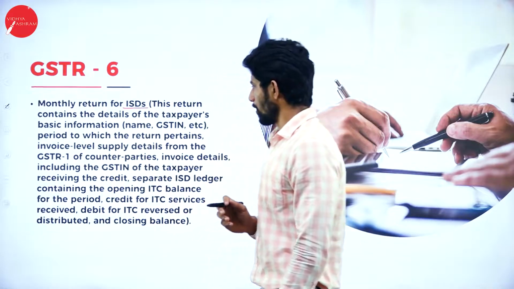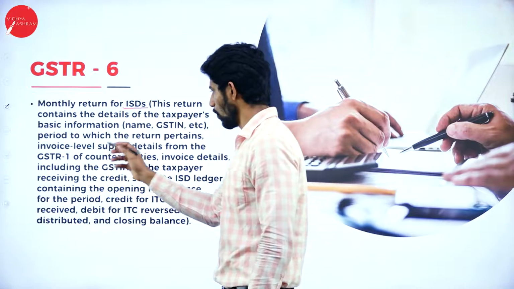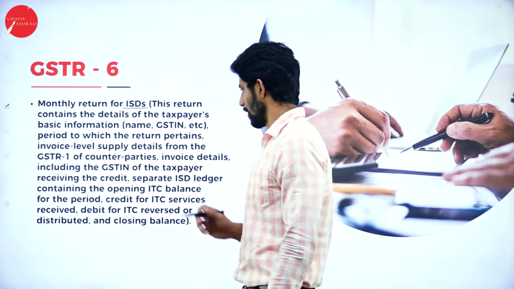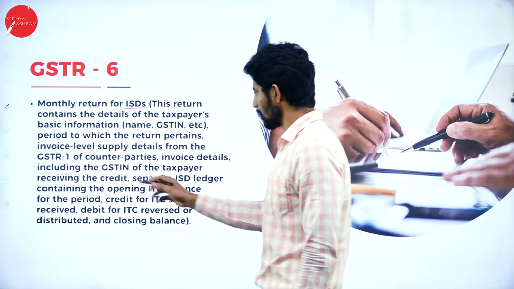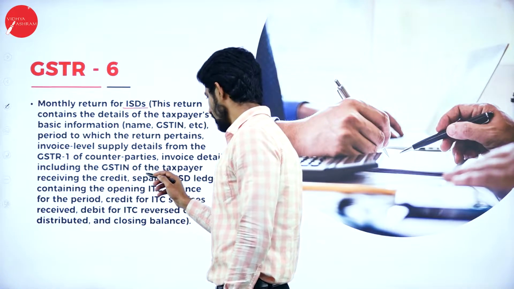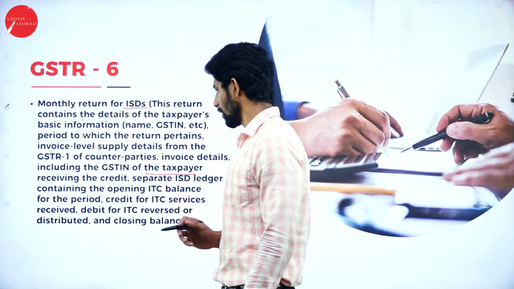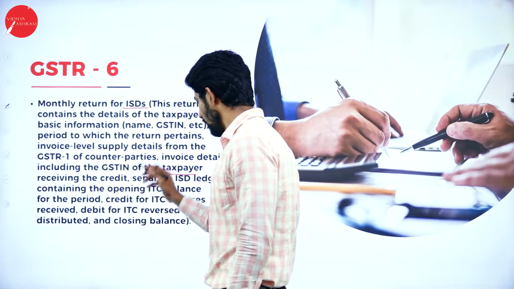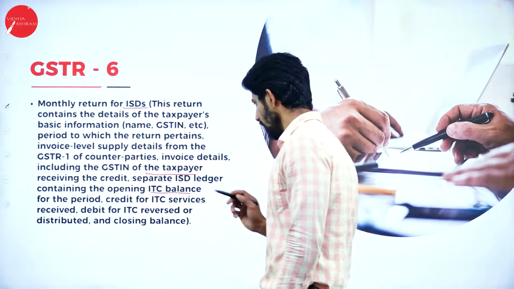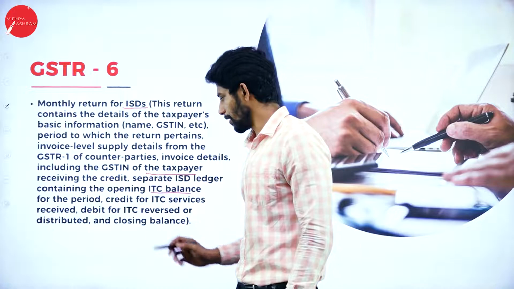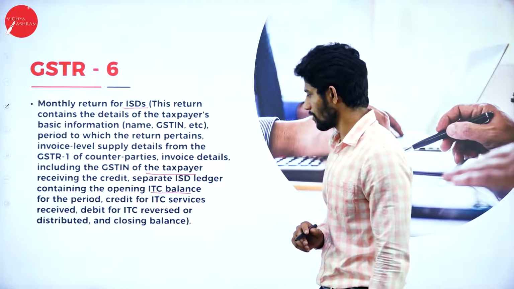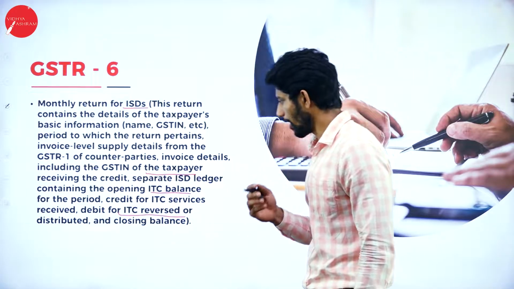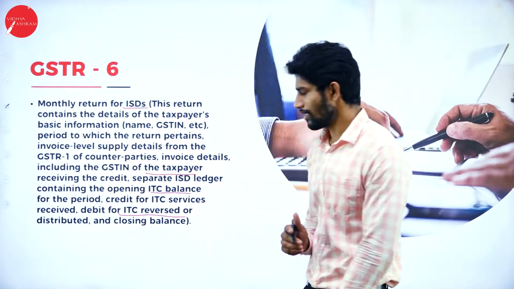Next, the period to which the return pertains, invoice level supply details from the GSTR-1 of counterparties, invoice details including the GSTIN of the taxpayer receiving the credit, a separate ITC ledger containing the opening ITC balance for the period, credit for ITC on services received, debit for ITC reversed or distributed, and closing balance.